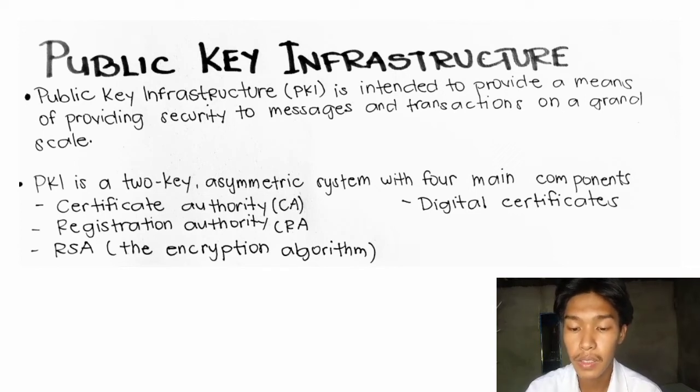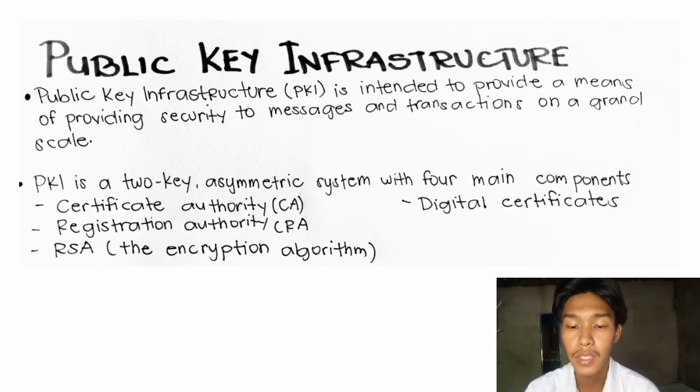Public key infrastructure is intended to provide a means of providing security to messages and transactions on a grand scale. PKI is a two-key asymmetric system with four main components: certificate authority, registration authority, RSA, the encryption algorithm, and digital certificates.